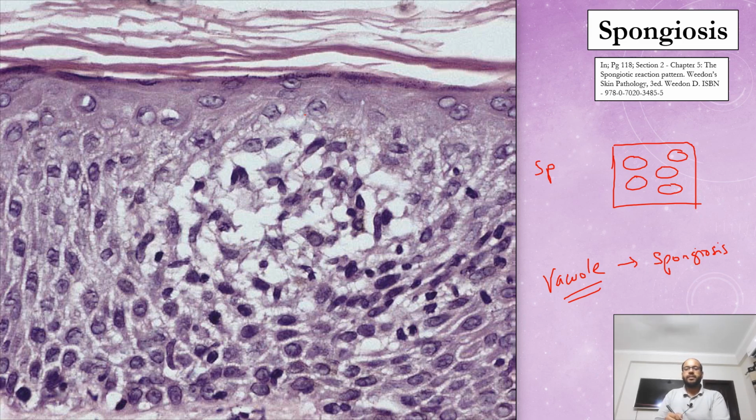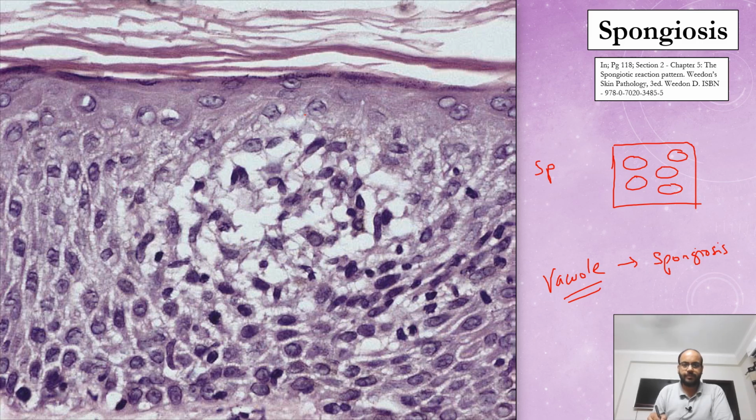That is spongiosis. It is seen in disorders where inflammation is happening in the epidermis, with vesicle formation and oozing, like in dermatitis. That is the prototype of the spongiotic tissue reaction pattern: dermatitis and inflammation of the skin.